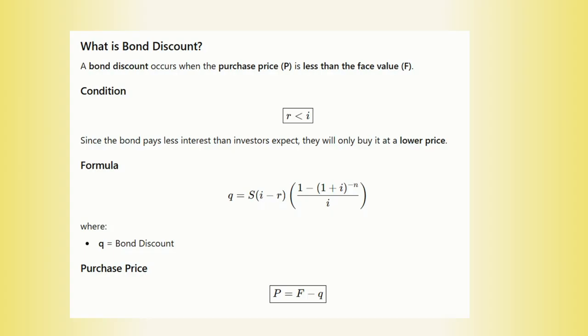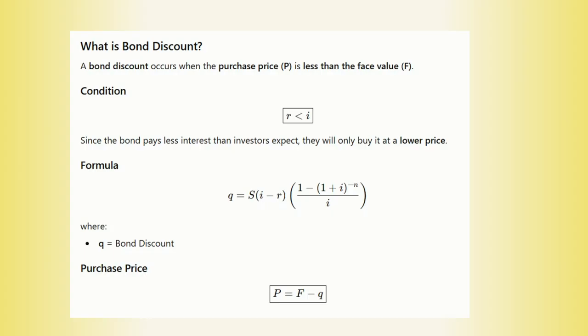So, mas mababa yung purchase price kaysa sa face value na 1,000. So, meaning, that is a bond discount. As you can see, the condition is R is less than I. Since the bond pays less interest than investors expect, they will only buy it at a lower price.